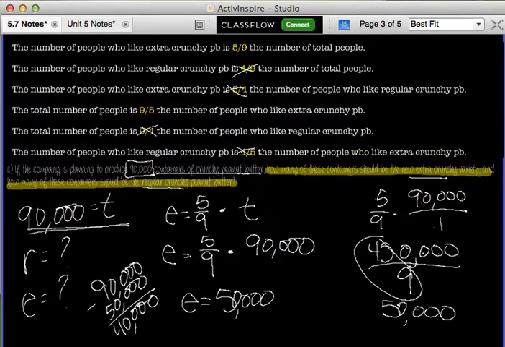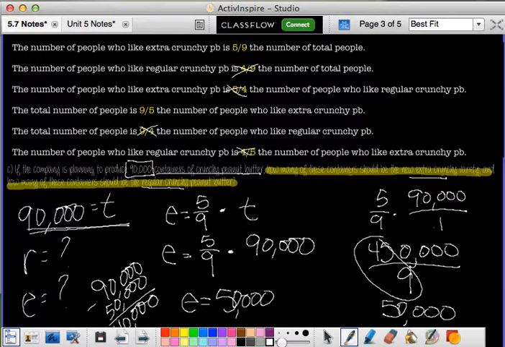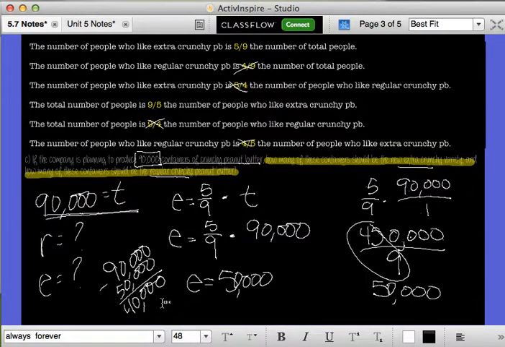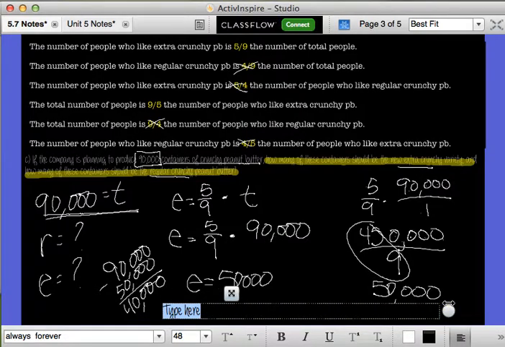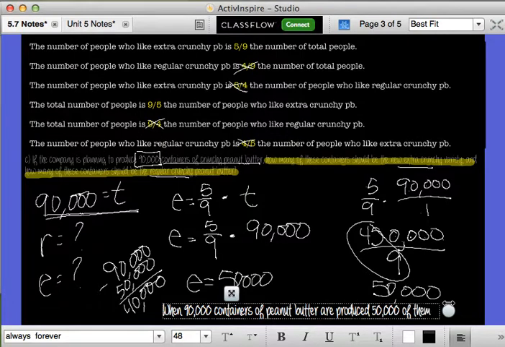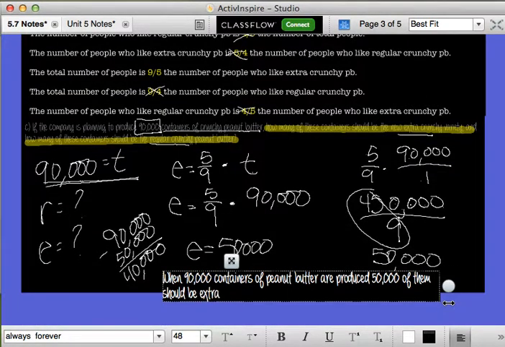Right? And then, of course, we have to write a sentence explaining our answers because you can't just slap down numbers. Right? So here, my sentence is simple. When 90,000 containers of peanut butter are produced, 50,000 of them should be extra crunchy, and 40,000 of them should be regular crunchy.